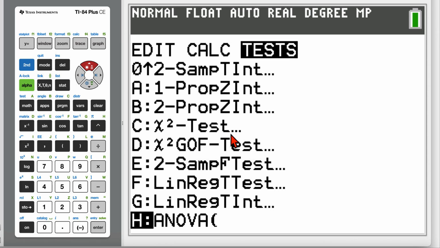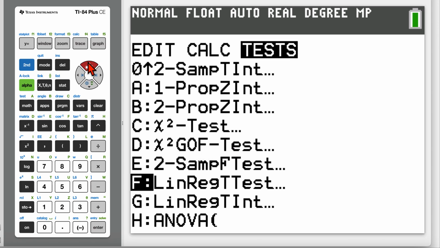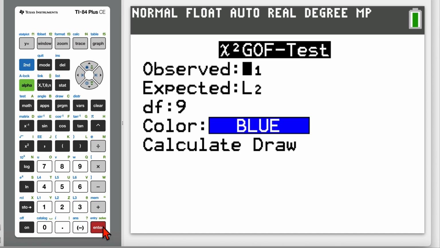Well, how do you know if it's a chi-squared test or a chi-squared goodness of fit test? Chi-squared goodness of fit is whenever we have one variable data. So in this particular prompt, our one variable is the die. Is the die fair? That's what we're studying. It's one variable. So whenever we have one variable data, we're going to use the chi-squared goodness of fit test.